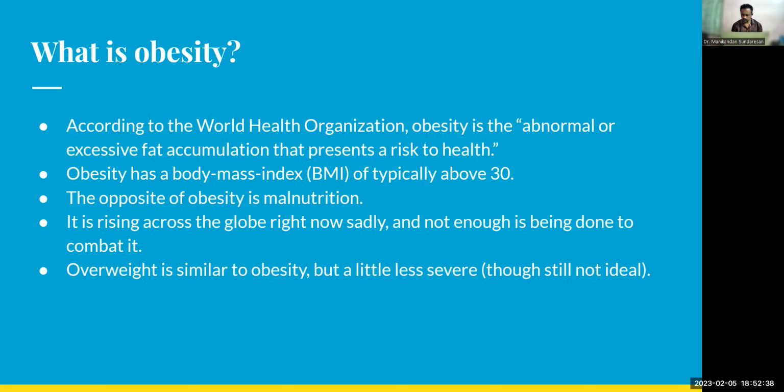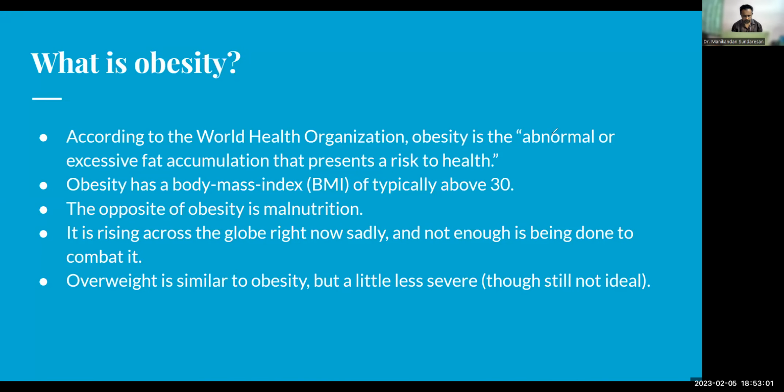The body mass index uses the mass of a human's body relative to its height, and it factors in other things like age, and calculates a score. The acceptable range is around 18 to 25. Below that is on the lower end.